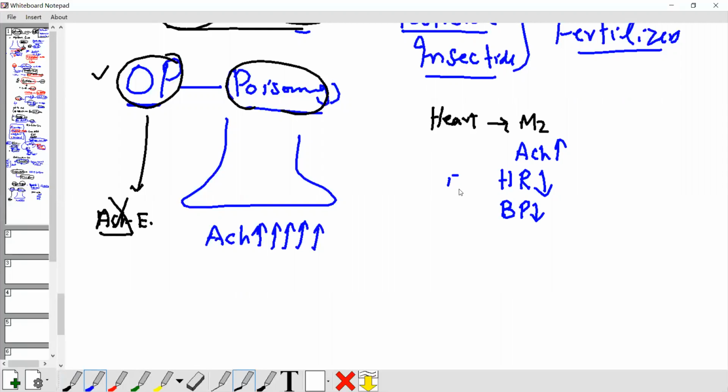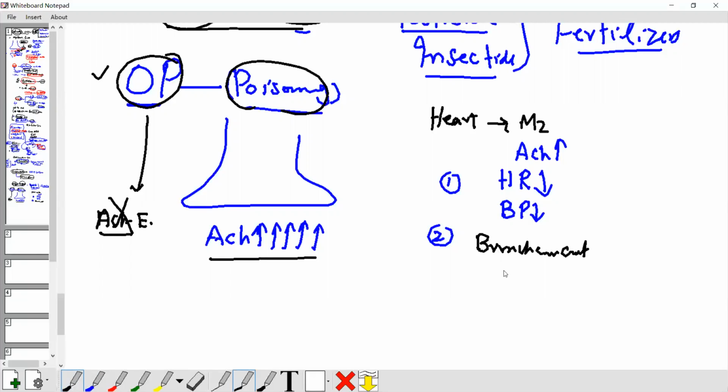What happens with the respiratory system? Bronchoconstriction. The M3 receptor causes this because of too much acetylcholine in the body.